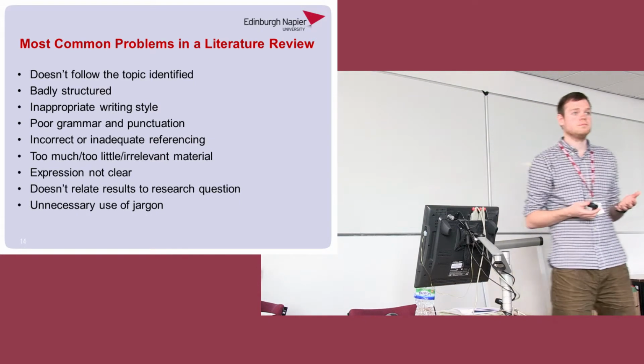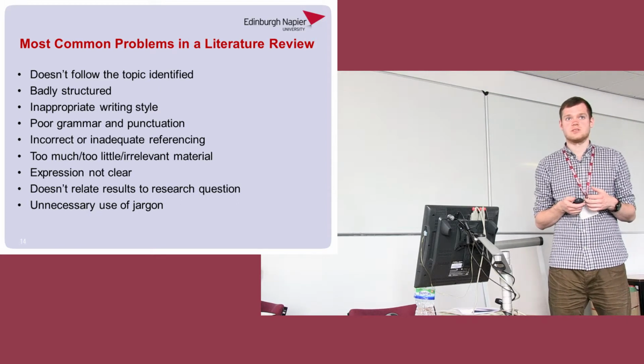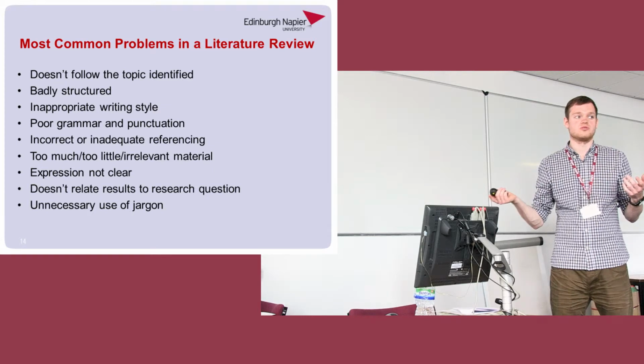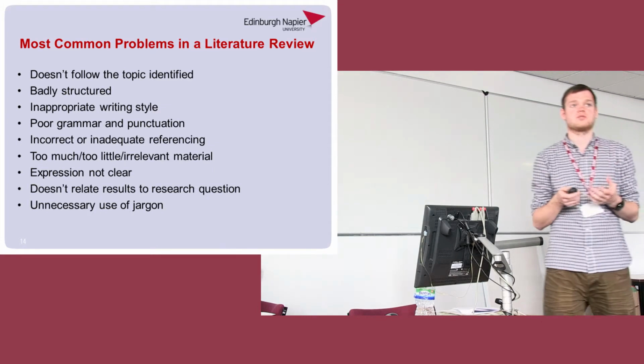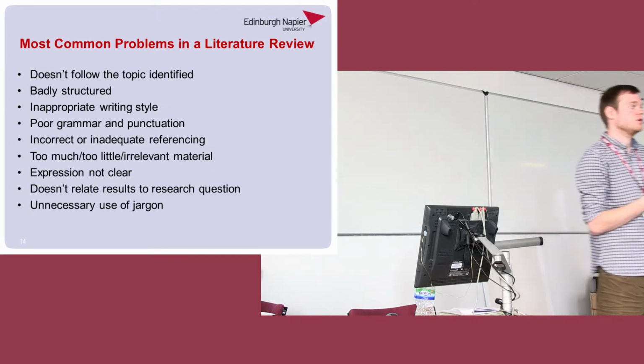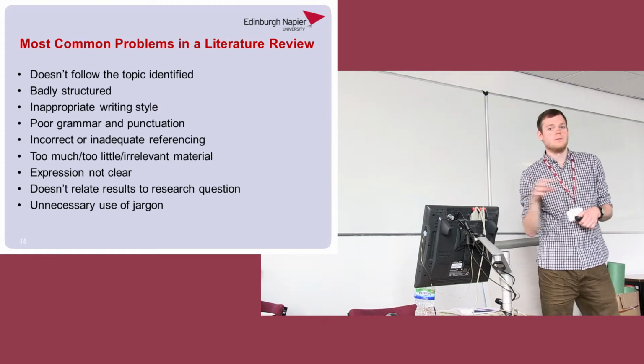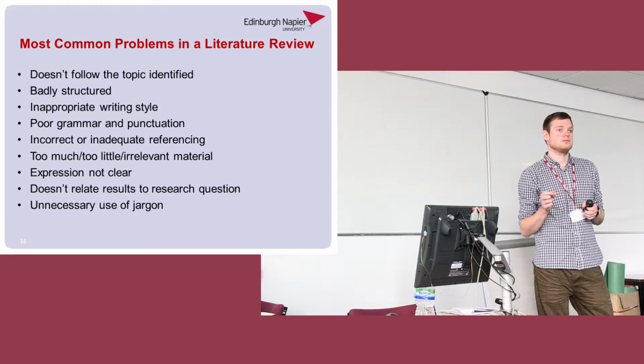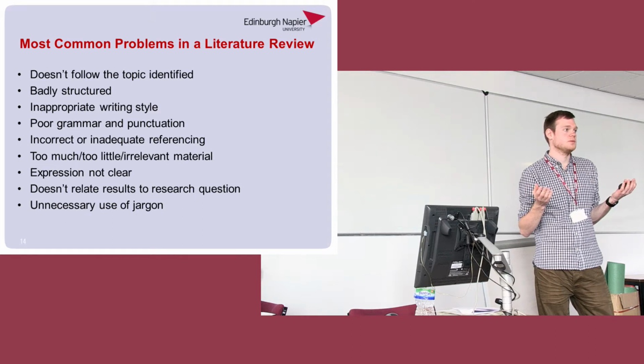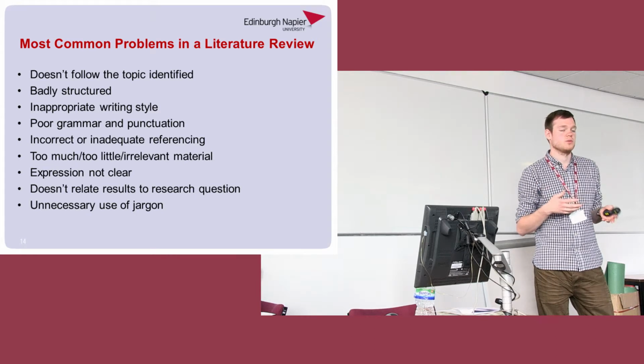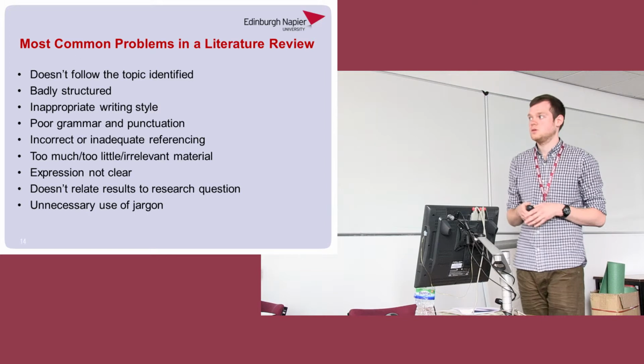You might say something like, this person says, blah blah blah, but this person said that this theory is not true. You need to express what that means in your topic area. You can't just give a line and say, David 2005 says this. What does that mean in the realms of your study? What does it actually relate to?